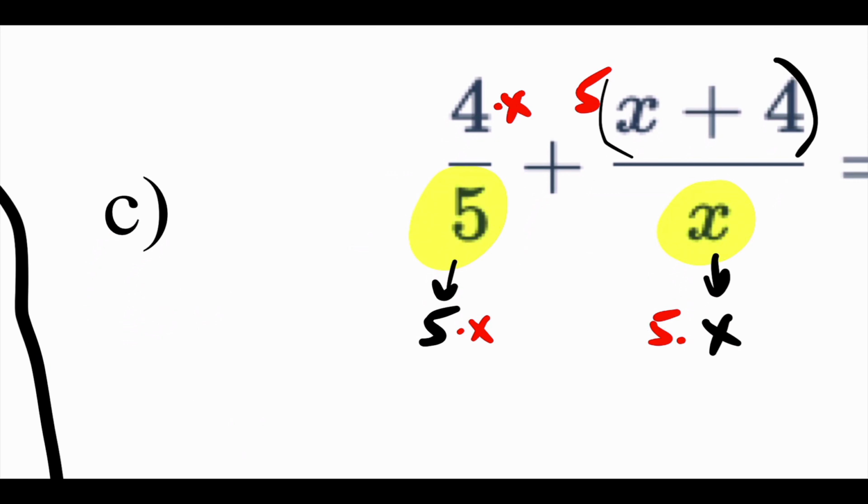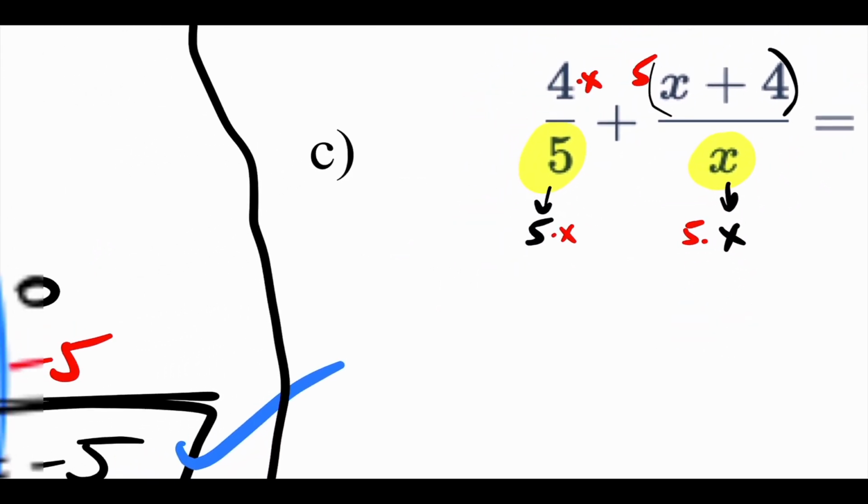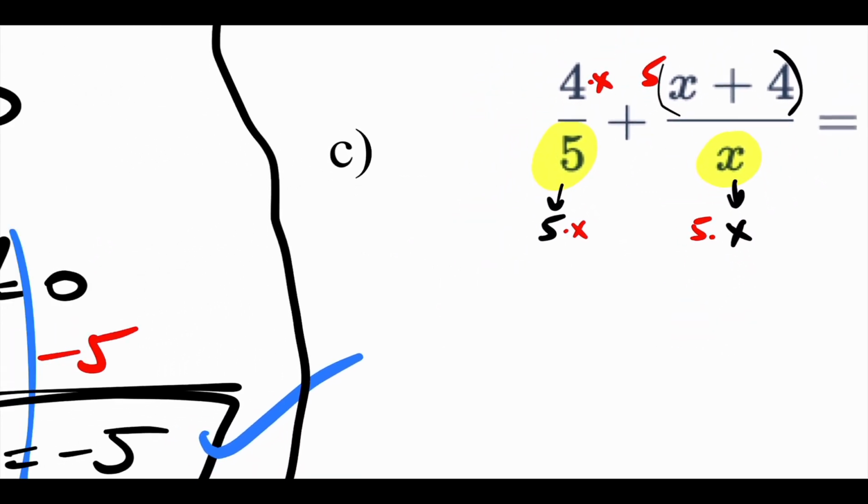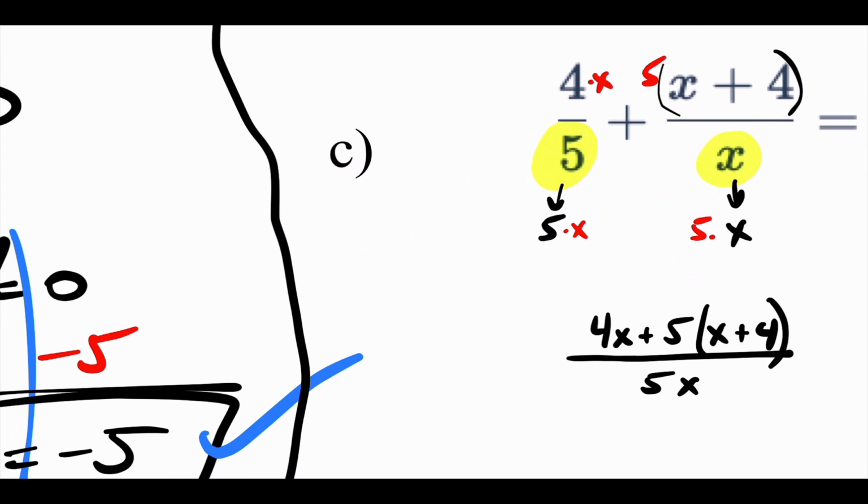Okay. So just like we did on the quiz, we have a common denominator now. The common denominator is 5x. On top, we have a 4x plus 5 times x plus 4.